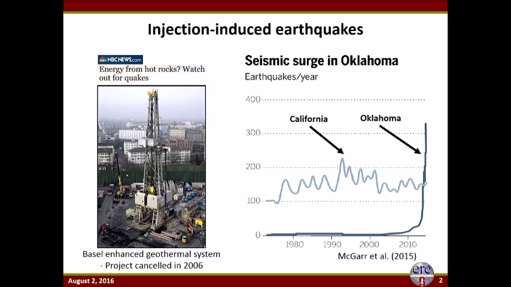More recently in the United States, induced seismicity has been gaining visibility and is becoming more important. And in fact, in the year 2014, it was the first time in recorded history that there were more earthquakes, magnitude 3 and larger, in the state of Oklahoma than actually occurred here in California.